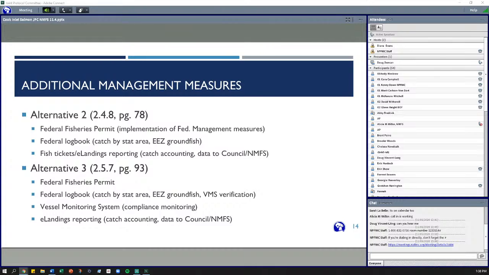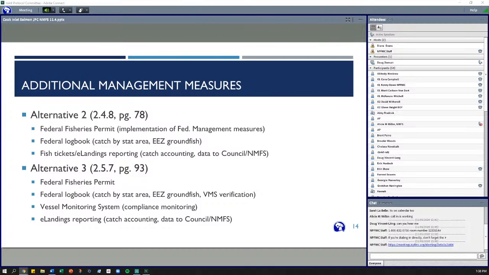And then, moving to Alternative 3, it's essentially the same. However, there would be the additional requirement of a vessel monitoring system. This is to ensure that participants in the EEZ were fishing only in the EEZ, so we could precisely manage to that total allowable catch.